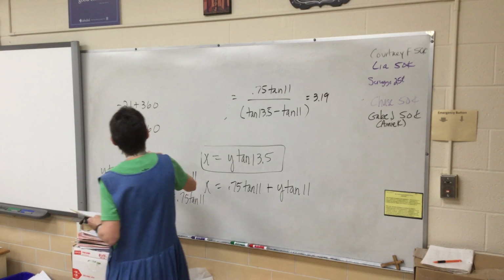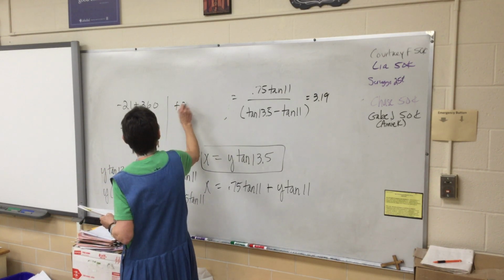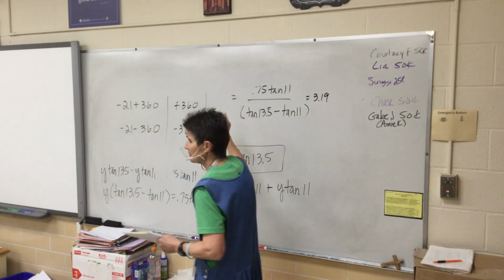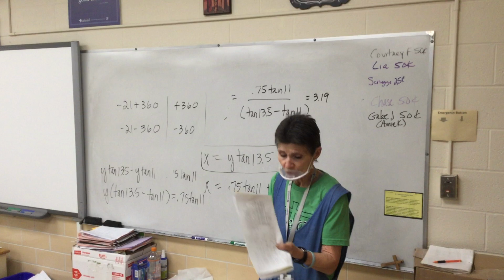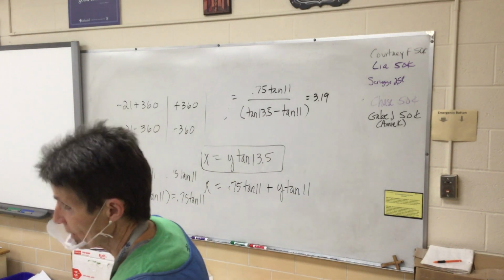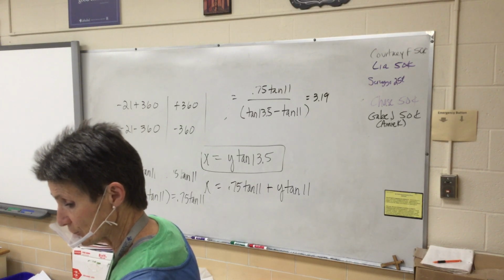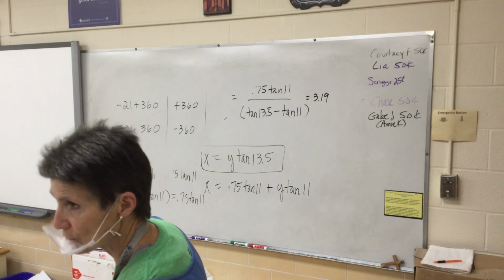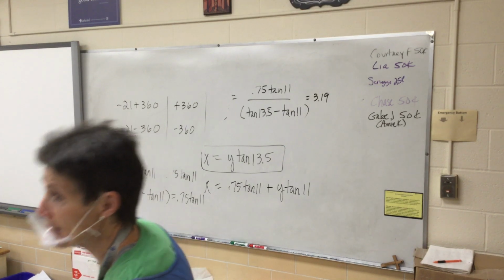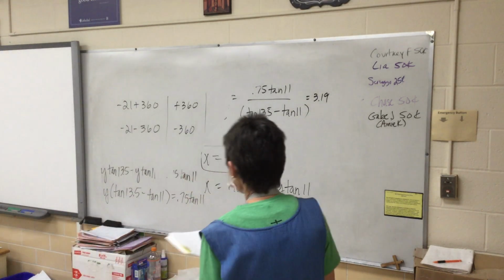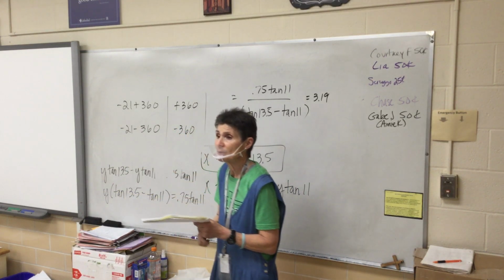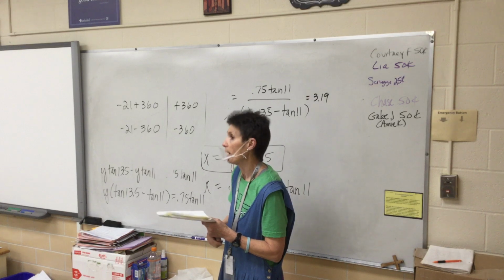And then if we want more, we can add another 360 and subtract another 360. And if we want more, we can just keep doing that. You find coterminal angles by adding and subtracting revolutions. So since that's a degree, we'll add and subtract 360. The one right under it is a radian. So we would do the same thing, but instead of adding and subtracting 360, we would add and subtract 2 pi.